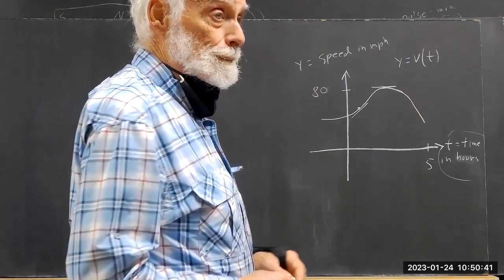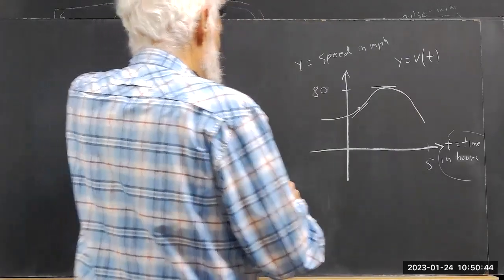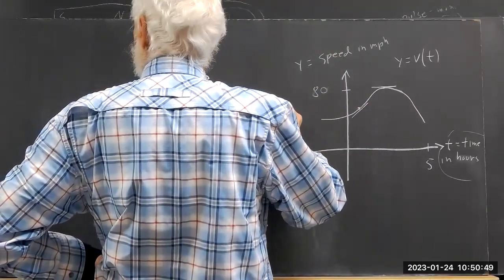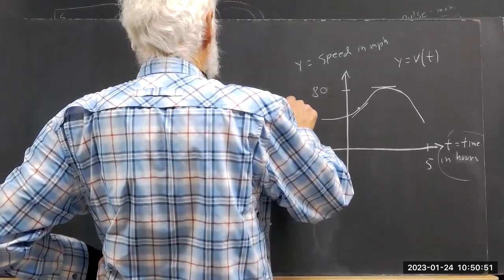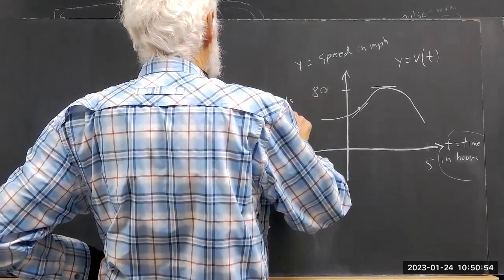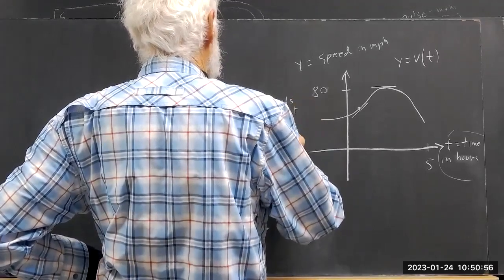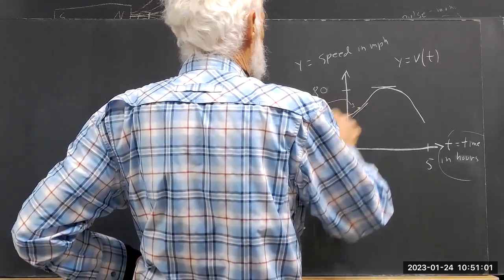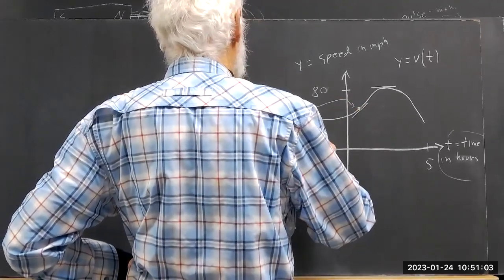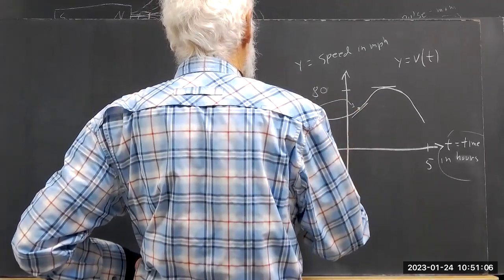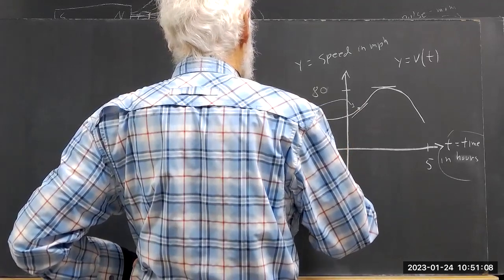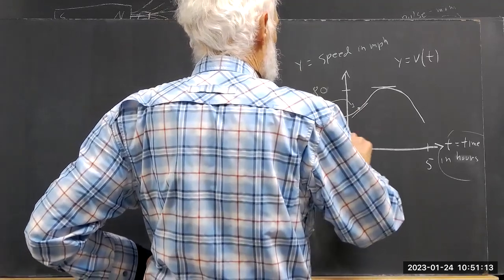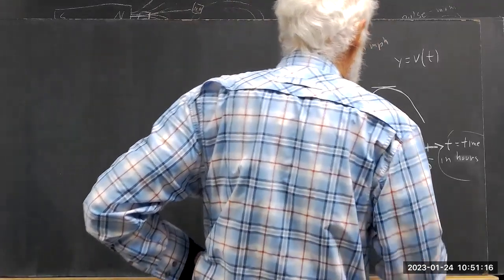Tangent line horizontal. Okay. Up most quickly here. Bigger, steepest tangent line.